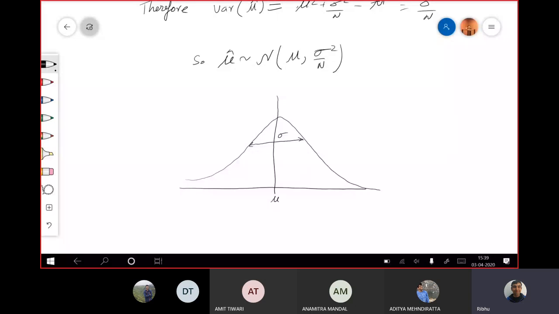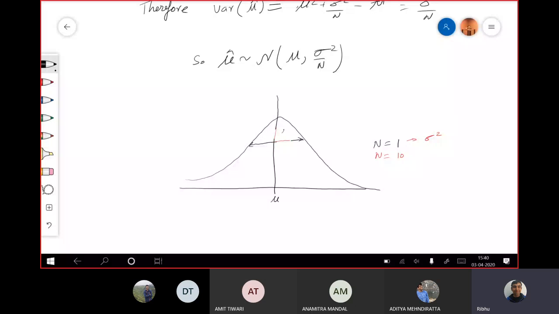So let's say this is how the plot looks like for n equals 10. Let's call the standard deviation, just for simplicity, tau.